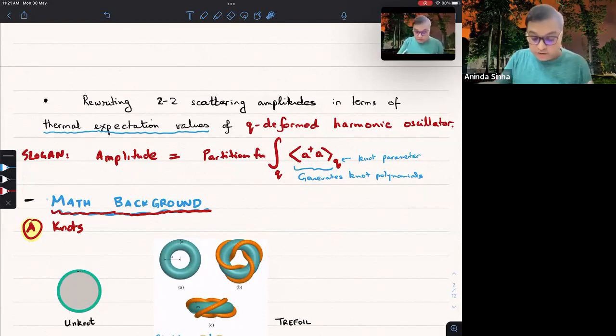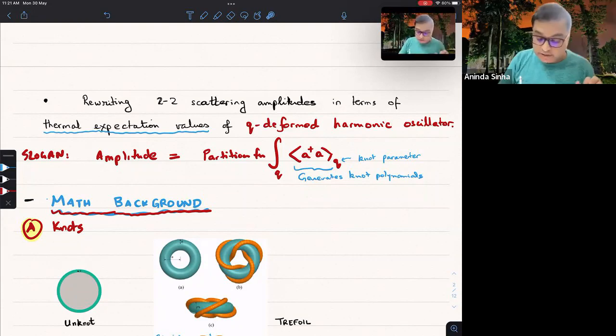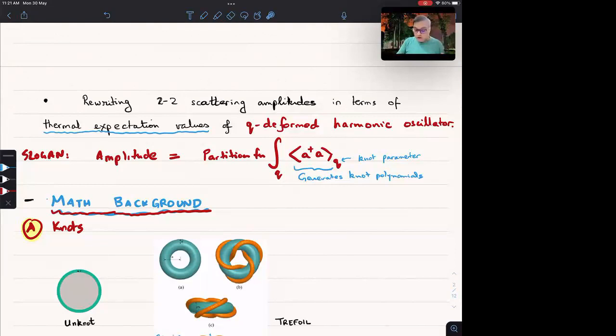And I will tell you what this Q deformed harmonic oscillator is. The slogan here is that the amplitude is equal to partition function times Q average. So Q is the deformation parameter, and in a very precise sense, Q is also the knot polynomial parameter. So you're actually averaging over the knot polynomial parameter. The amplitude is the partition function times this Q average of a 2-point function.